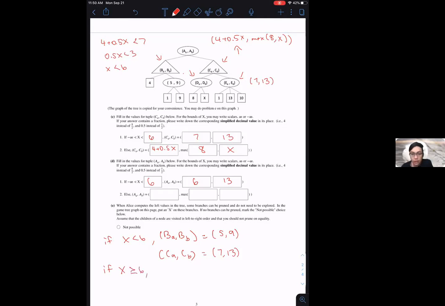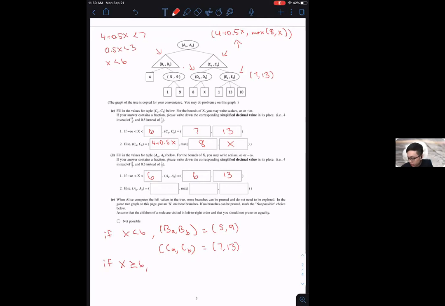We know that the value at CA, CB is not 7, 13 anymore. It's going to be this 4 plus 0.5x, comma max of 8 comma x. So let me just write that down. CA, CB is going to be equal to 4 plus 0.5x, comma maximum of 8 comma x.